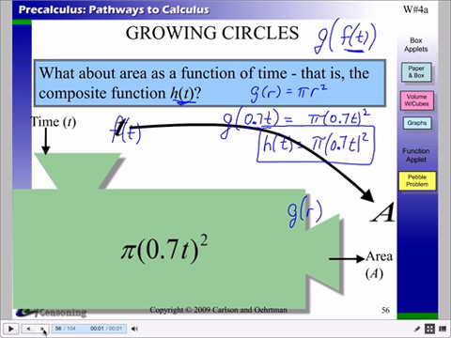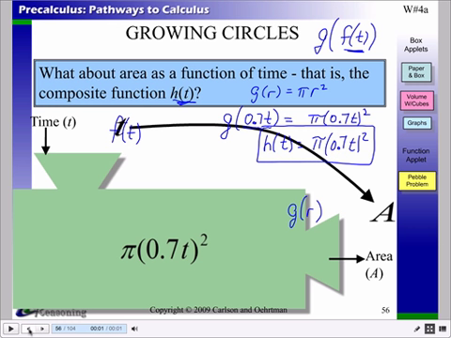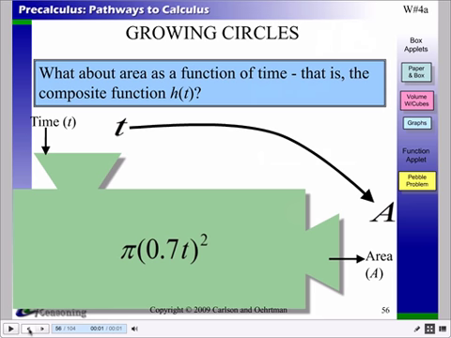Both are considered composition of functions. The two-step process that we saw before, that's composition. The one-step resulting process that does it all without the middleman anymore, the middleman was what? Radius. So radius has kind of disappeared. We just got time in, area out. That's also composition.